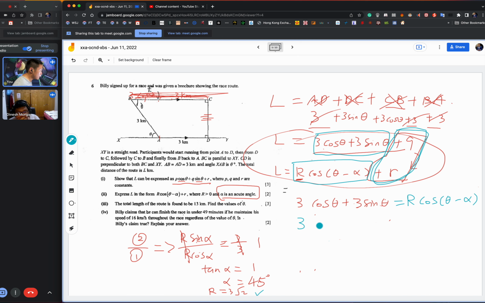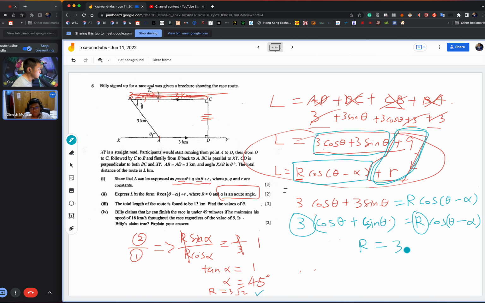But then I continued to take out the common factor 3, and I assumed, since I have the common factor 3, that r equals 3 just now, which is wrong. R is not 3. So that's why I cannot take out 3.